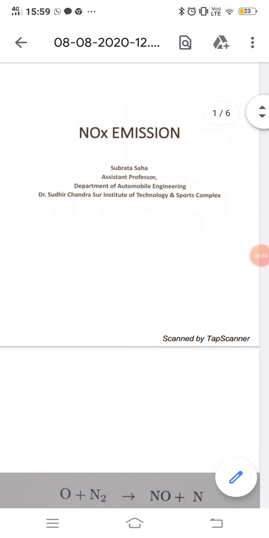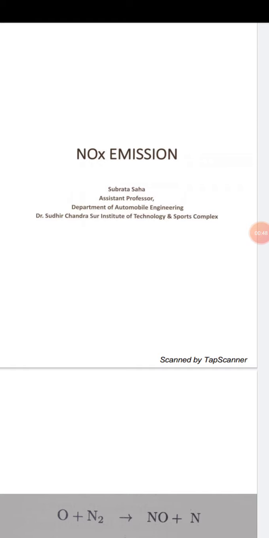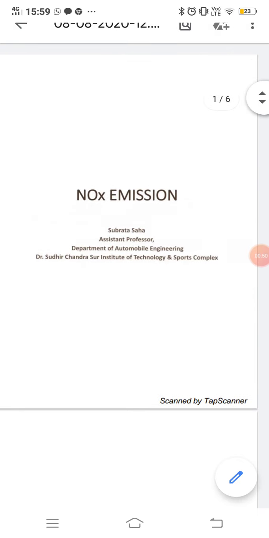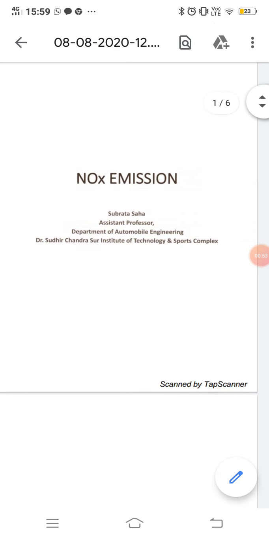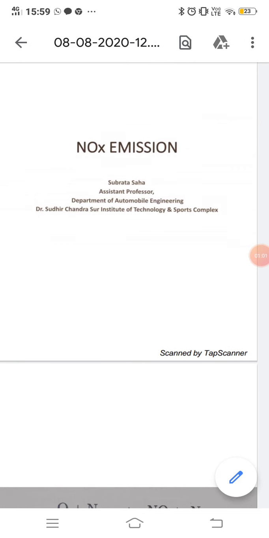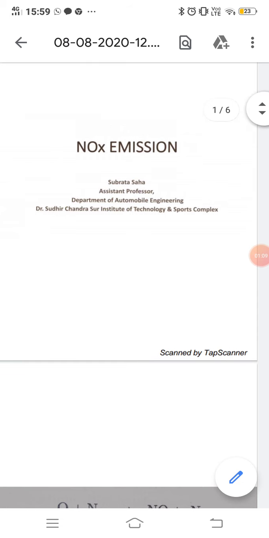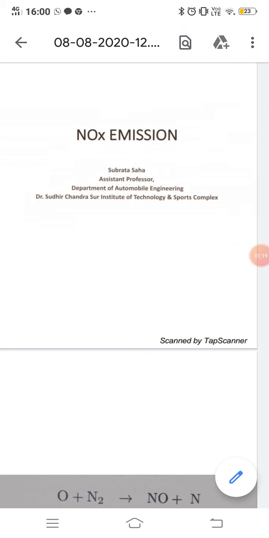So we know that hydrocarbon and carbon monoxide are both harmful exhaust gas pollutants. Not only hydrocarbon and carbon monoxide, NOx is also a major pollutant emitted from the exhaust gases of an engine.